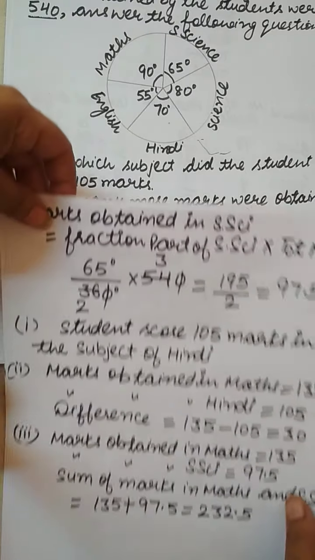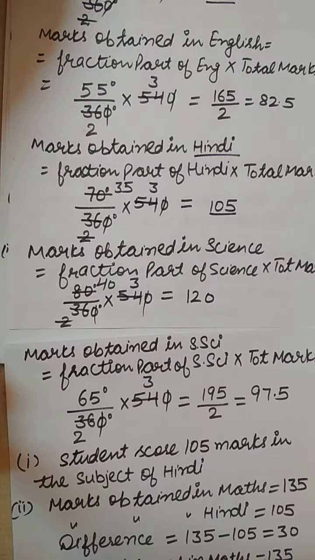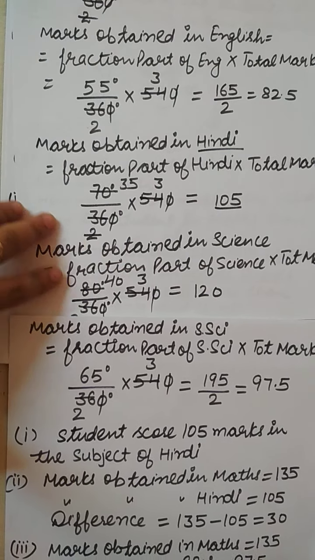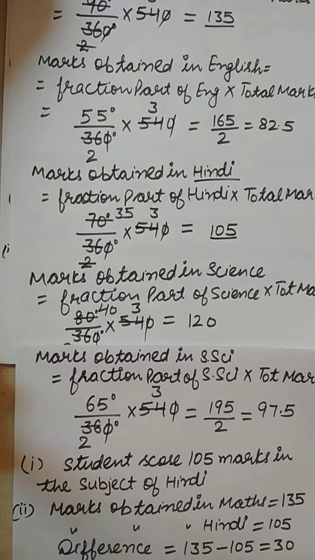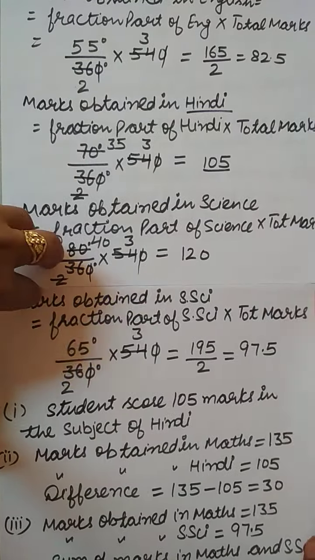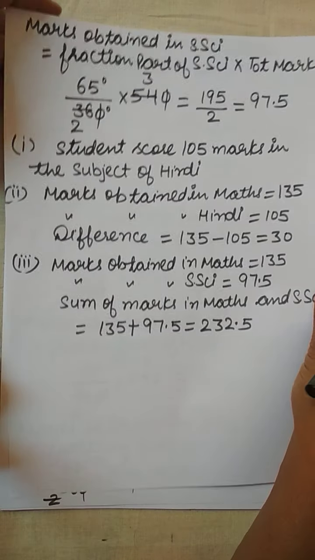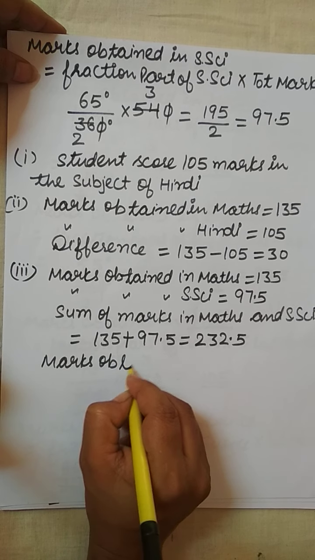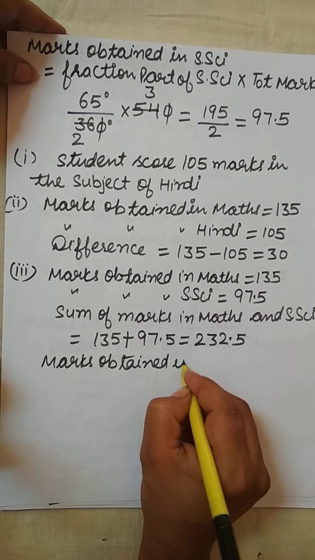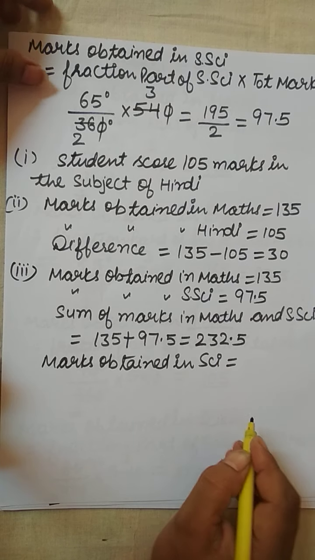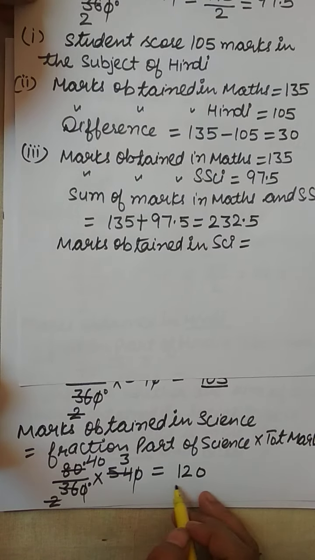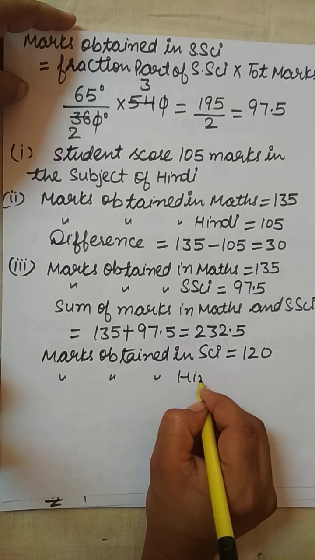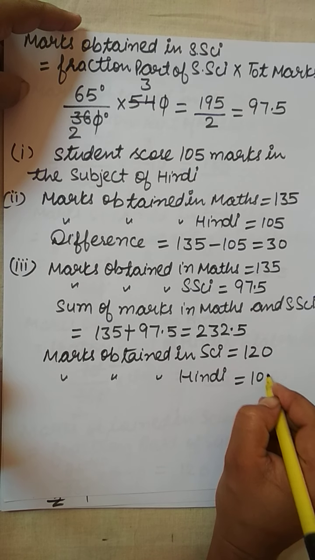Now for the next part, we are to find the sum of the marks in the subject of science and Hindi. Now the marks obtained in the subject of science is 120 and in Hindi is 105. Now I will write here: marks obtained in science is equal to 120, and marks obtained in Hindi is equal to 105.